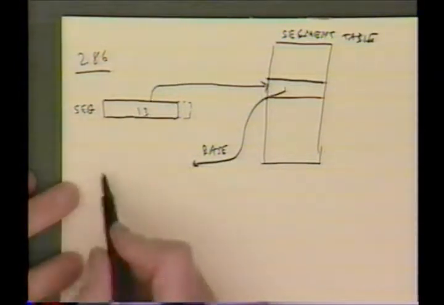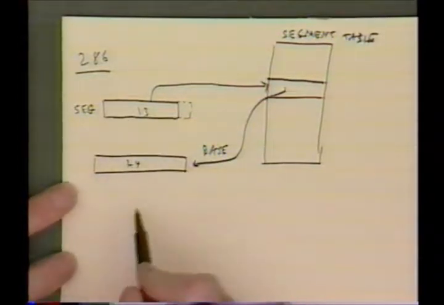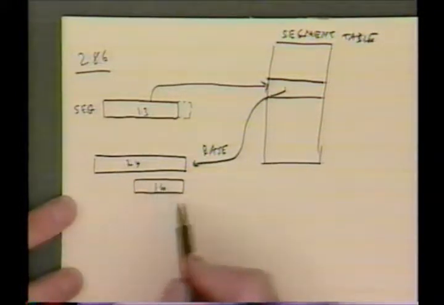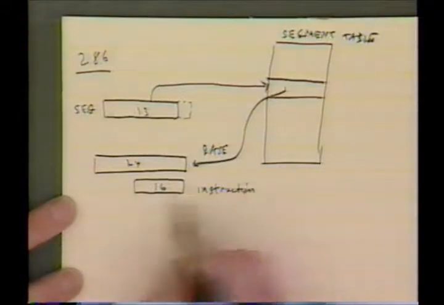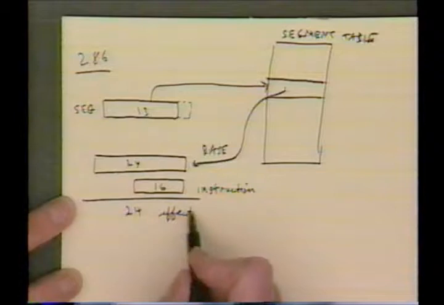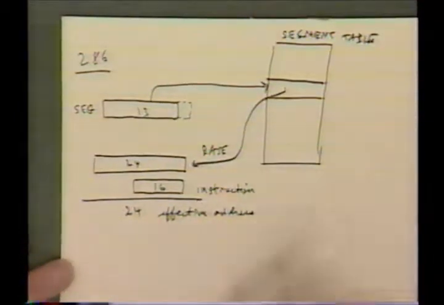The base address now is a 24-bit quantity. You add to that 24-bit quantity a 16-bit offset from the instruction, and compute a 24-bit effective address. Well, what are the advantages here?